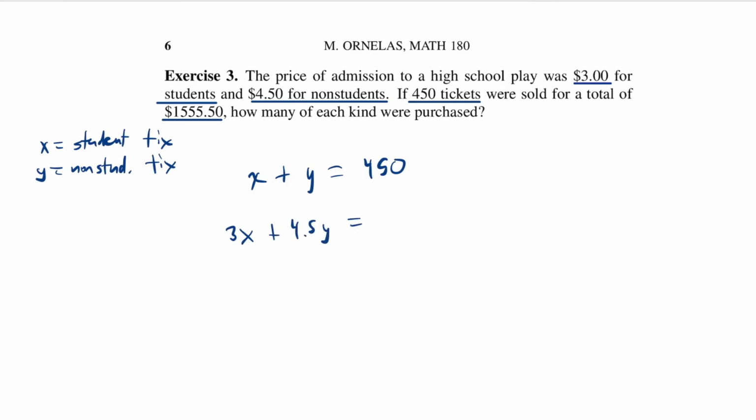And now we have our two equations, and we can go ahead and do elimination. So I'm going to multiply the top equation by negative 3 in order to cancel these out. So we get negative 3x minus 3y equals 450 times negative 3, which is negative 1350. This equation remains the same.